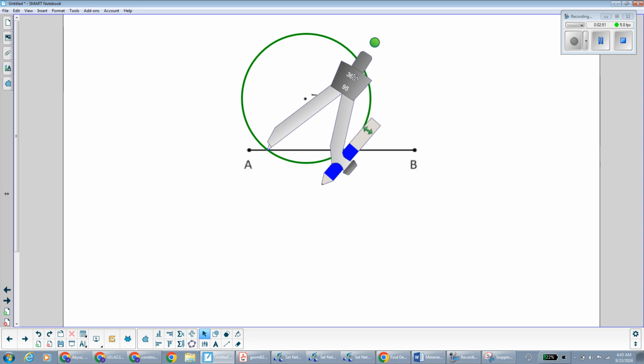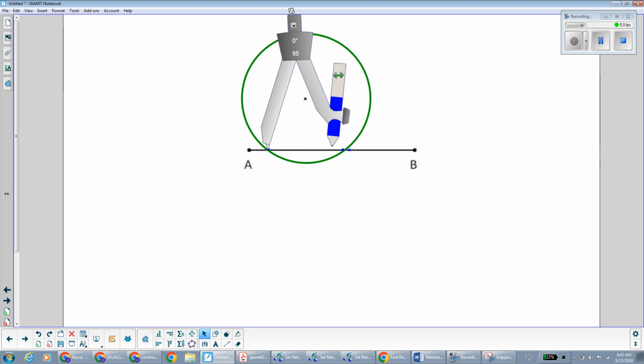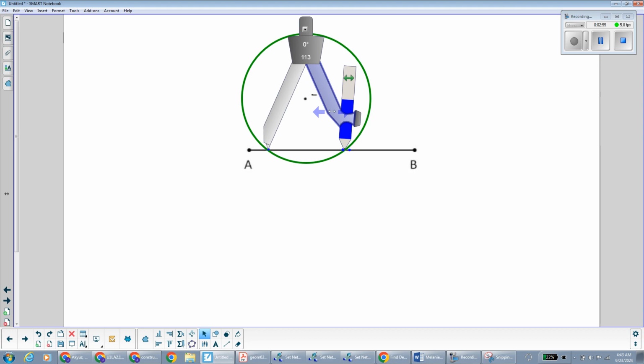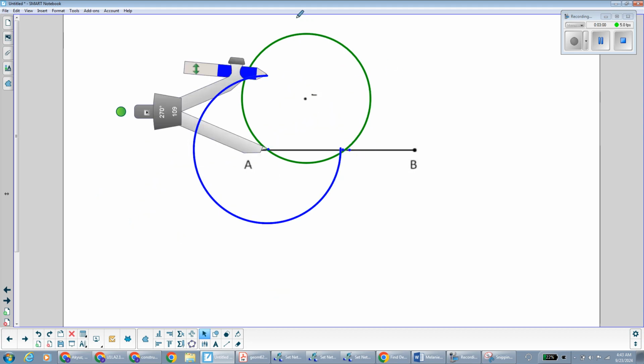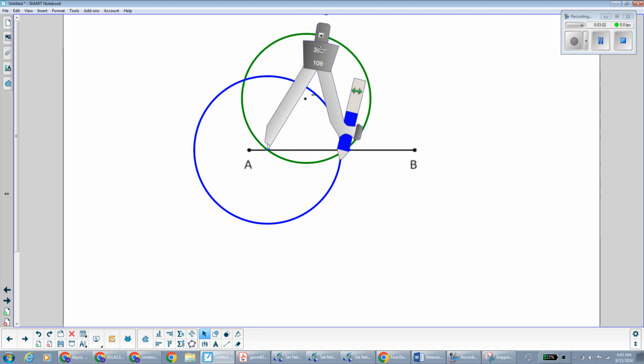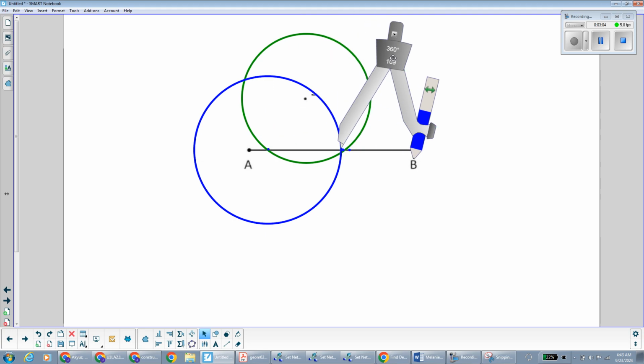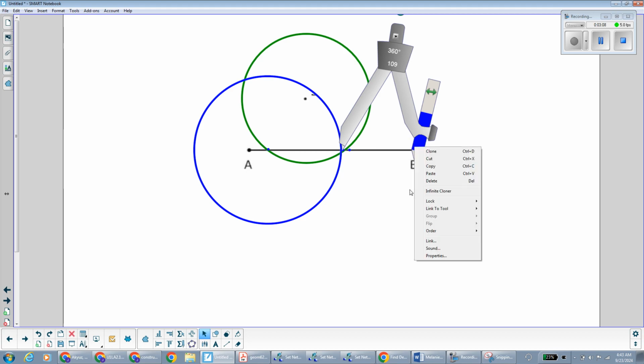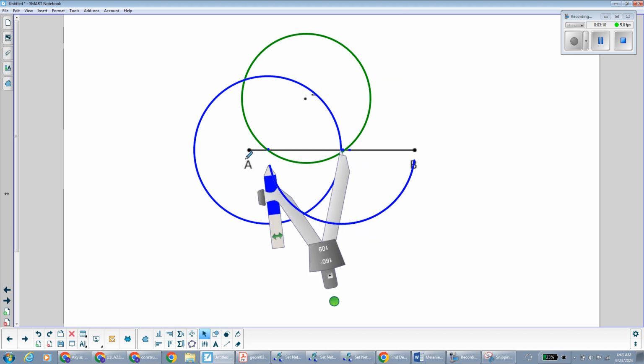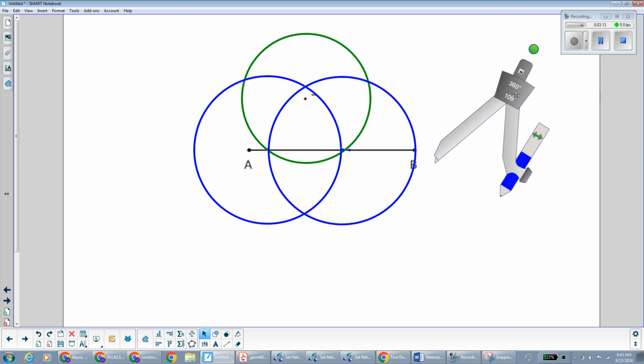I'm going to take my compass and measure from one intersection point to the other. And I'm going to swing a circle using that measurement. And then I'm going to go over to the other place where the original circle intersected the line, and using the same distance I just measured, I'm going to swing another circle.